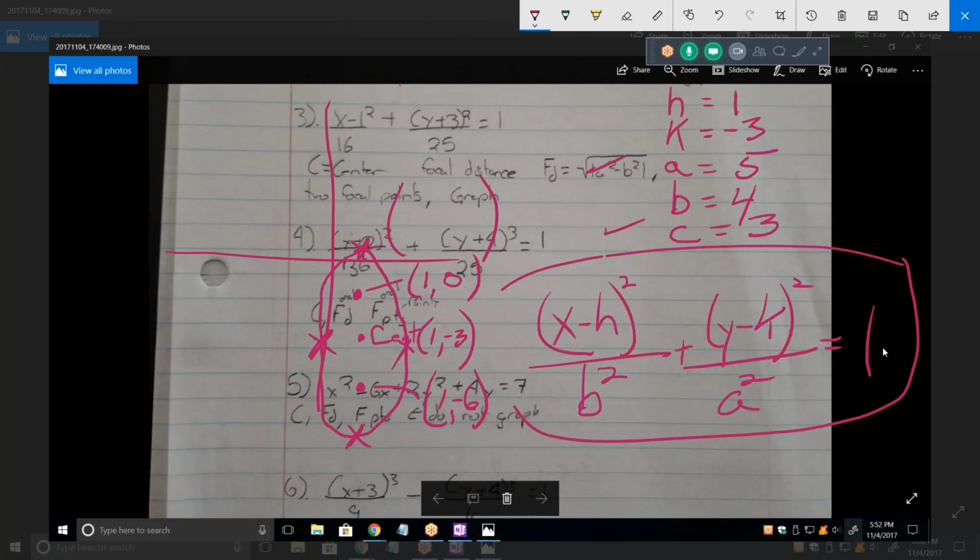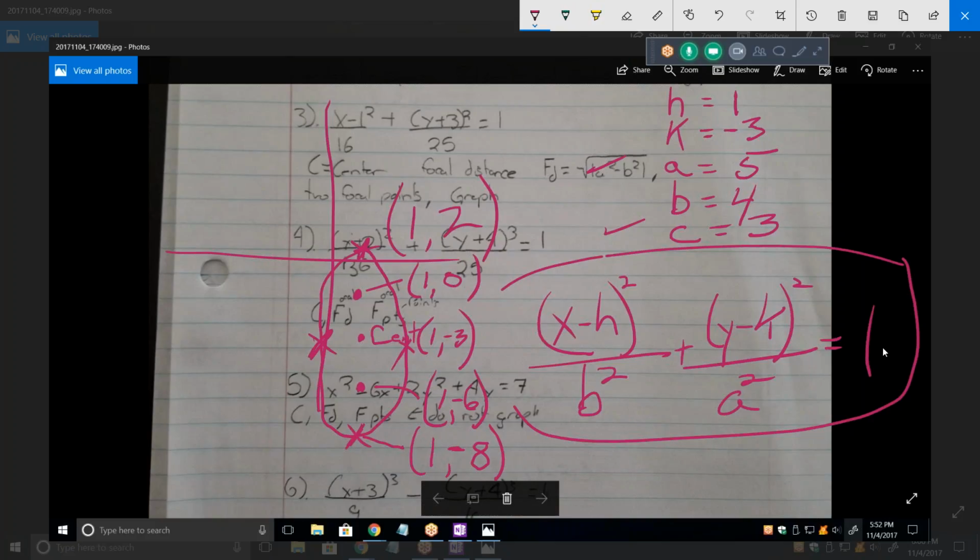Yep. So would it just be 1, 5? No, it's 5 from the center. You gotta measure, okay, my bad. Just like you had to measure up 3 from the center to find the focus. And go down 5 so that this point is what? It'd be 1, -8. Down 5. I keep forgetting it's from the center.